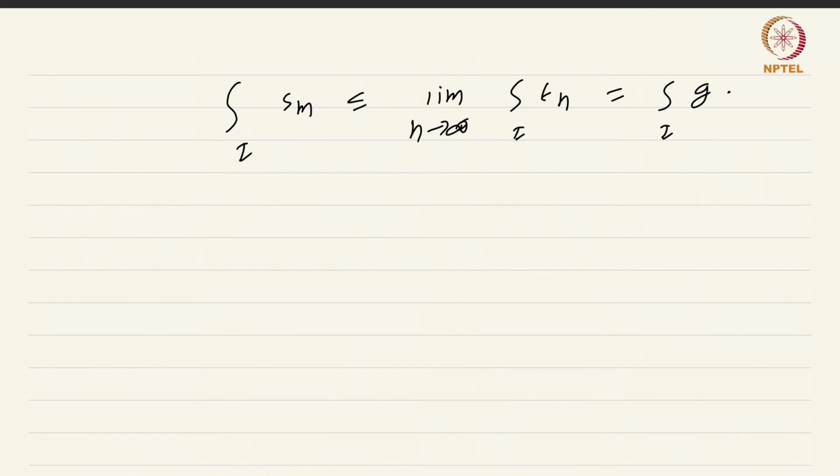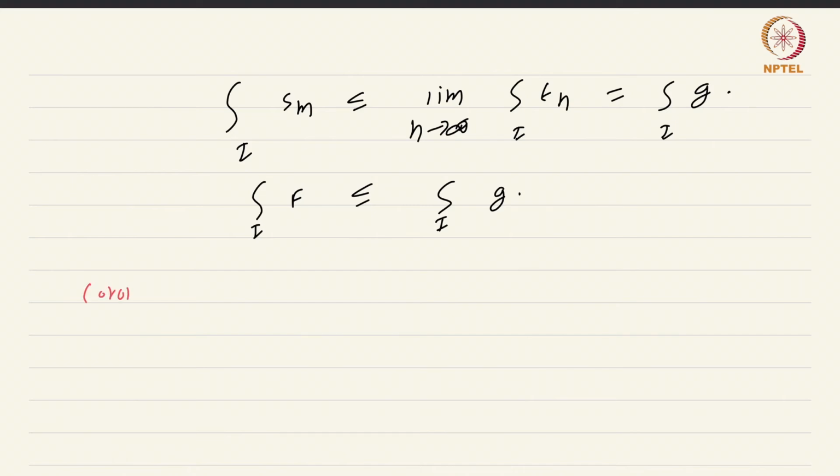This just follows from the big theorem which we proved in the last video. Now taking limits on the left hand side, taking m going to infinity, we get the integral over I of f is less than or equal to the integral over I of g. So this was a fairly straightforward proof.